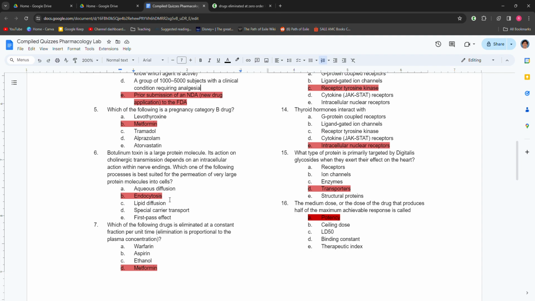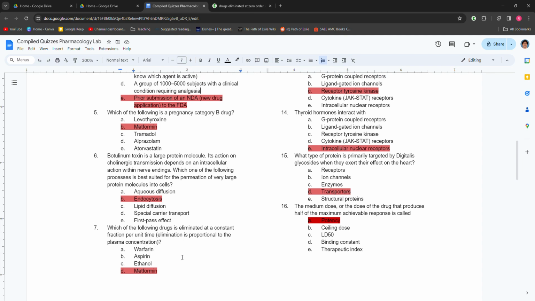So that is describing first order kinetics. So the answer here is metformin. All the rest, warfarin, aspirin, and ethanol, they are eliminated by zero order kinetics. So that means that a constant amount is being eliminated per unit time, not a fraction.